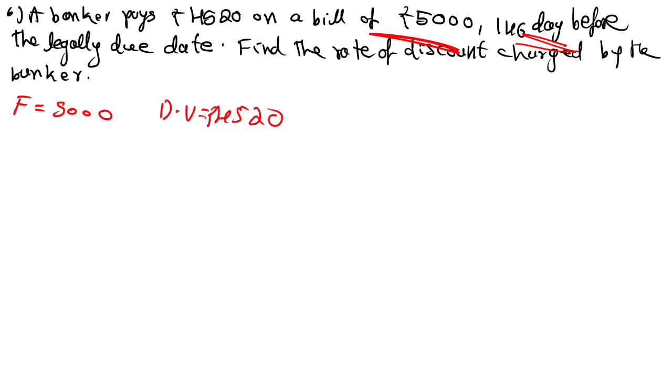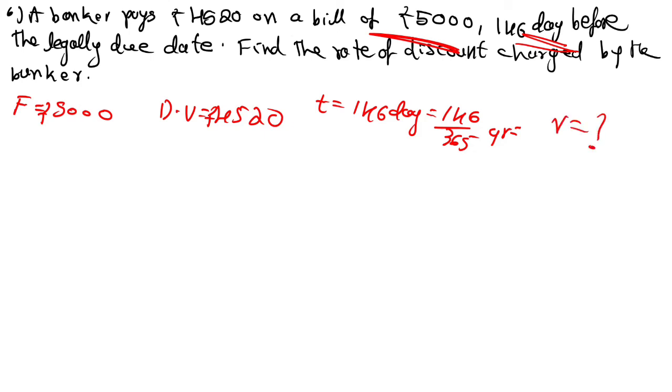Unexpired time T equal to 146 days equal to 146 by 365 years; you can keep it as 146 by 365 only. What is the question? Rate of interest equal to question mark.